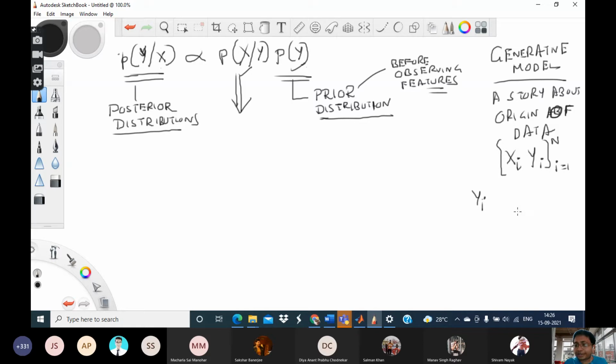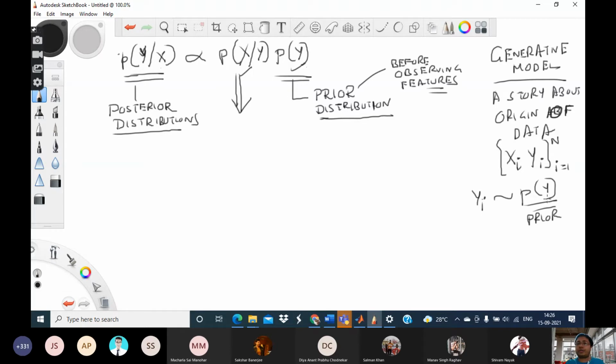For each of the n examples, the creator first created yi. How did the creator create yi? By sampling from the prior distribution. Let us say the prior distribution is already known to the creator.